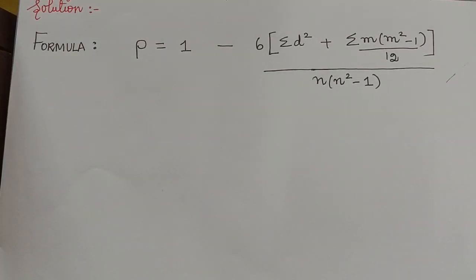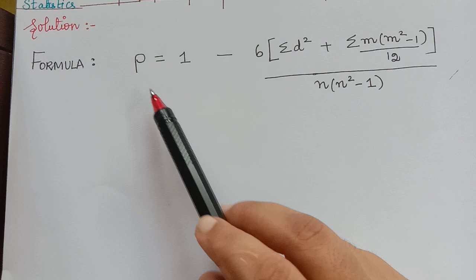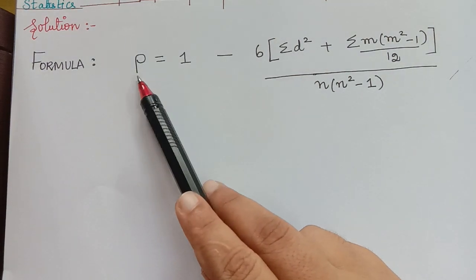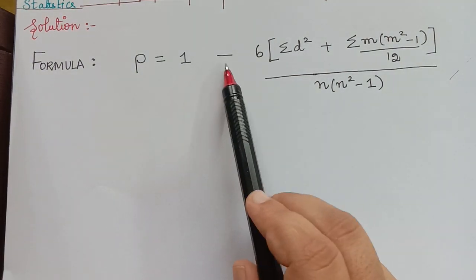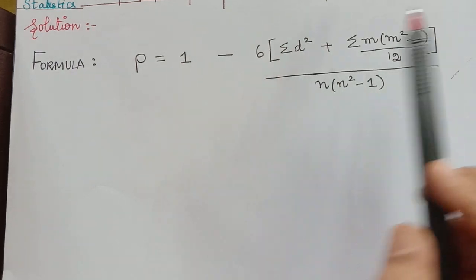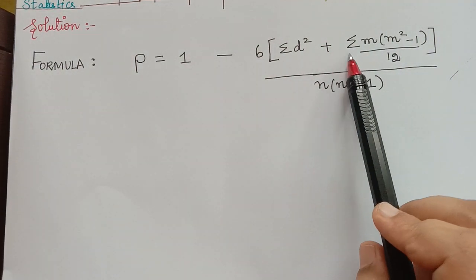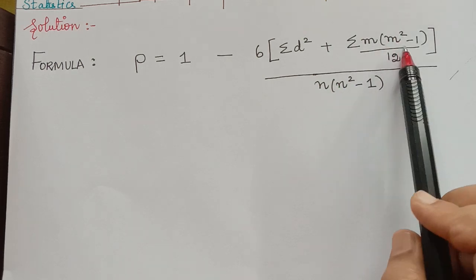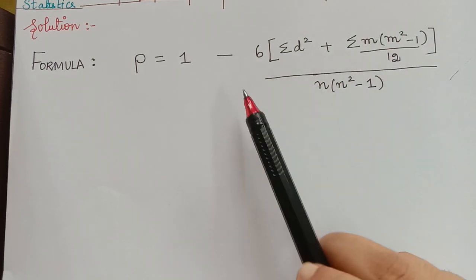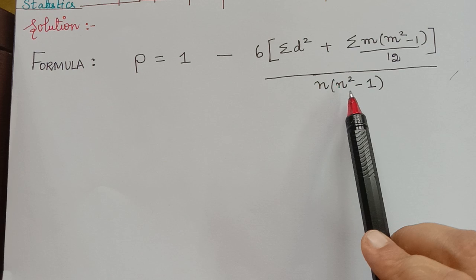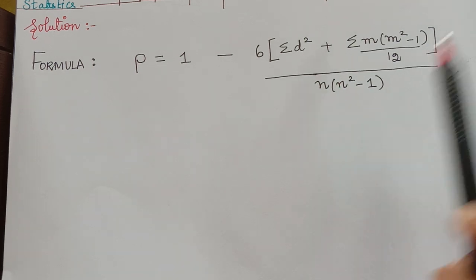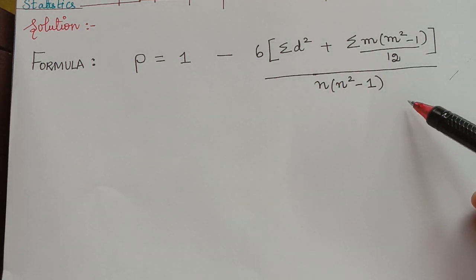So the formula for rank correlation is given by rho equals 1 minus 6 multiplied with summation D square plus summation m multiplied with m square minus 1 divided by 12, the whole divided by n multiplied with n squared minus 1. So this is the formula for repeated ranks.